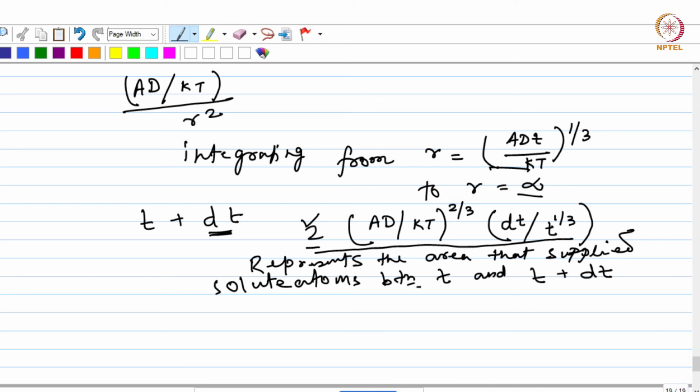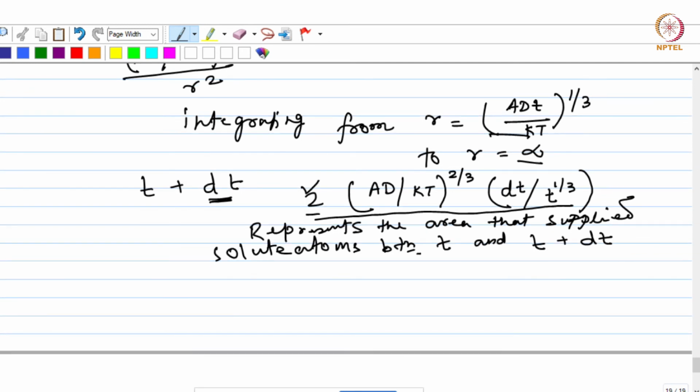Okay, so this is one thing that you can derive, this expression for the time with regard to the flow of the solute atoms for them to build up around the dislocations.